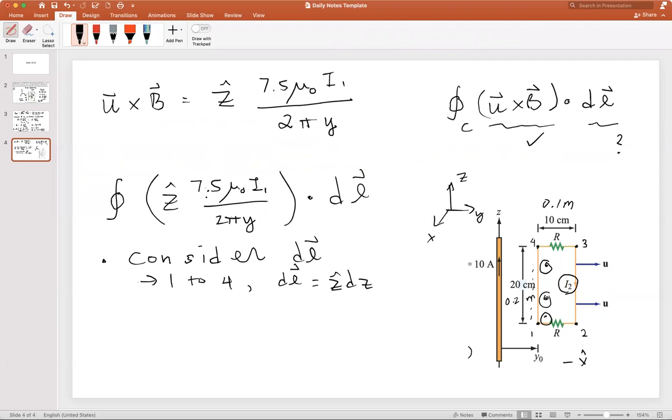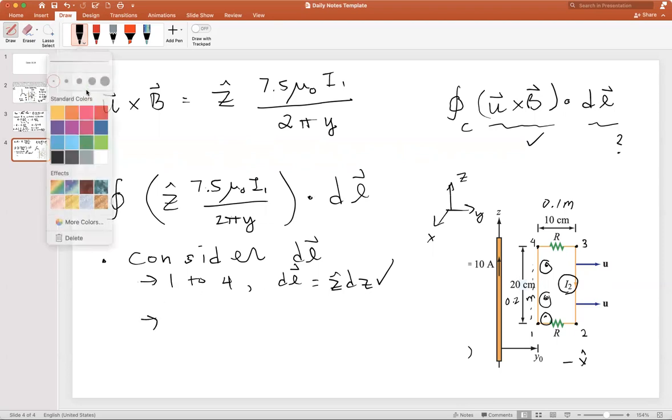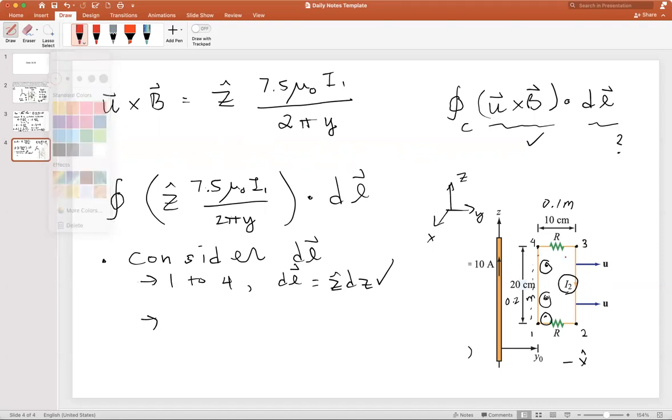Now, looking at our v cross B, we can see that this segment is going to contribute because the dot product here is going to be non-zero. Now let's consider the next segment of this loop from 4 to 3.